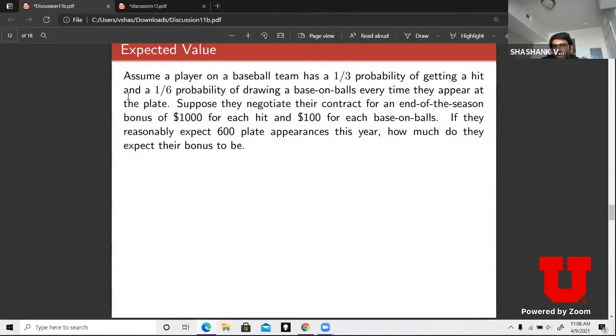Suppose they negotiate their contract for an end of the season bonus of $1,000 for each hit and $100 for each base on balls. If they expect 600 plate appearances, then how much should they expect their bonus to be? All right, same usual time, 3 or 4 minutes, and we'll try it out after.